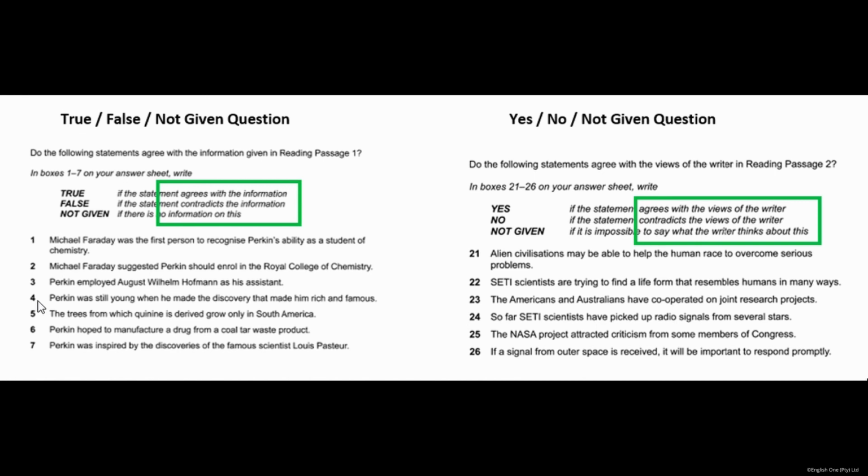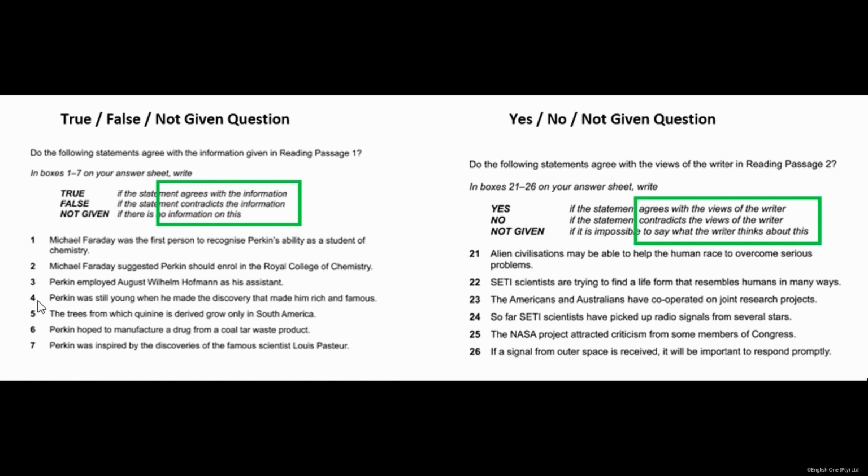Look for paraphrases and synonyms, antonyms, and very often they like to use vocabulary that might seem like it's a synonym, but it's actually a near synonym.